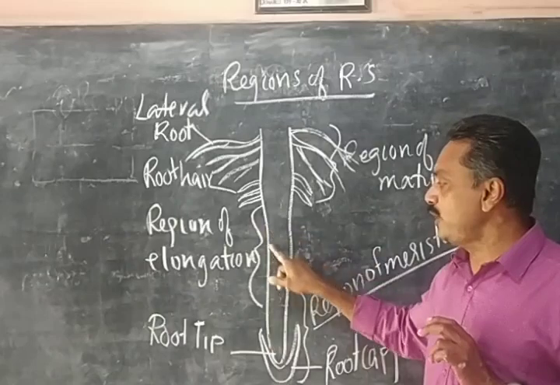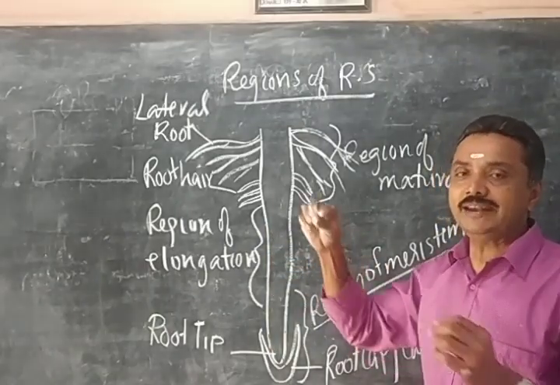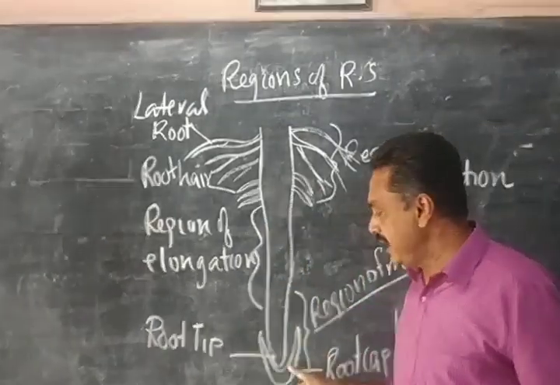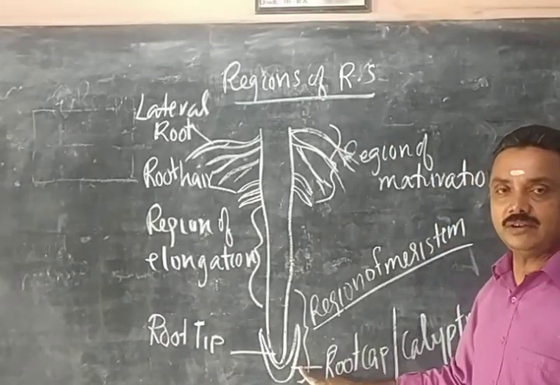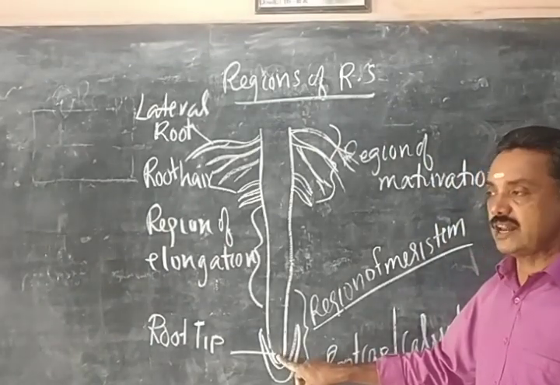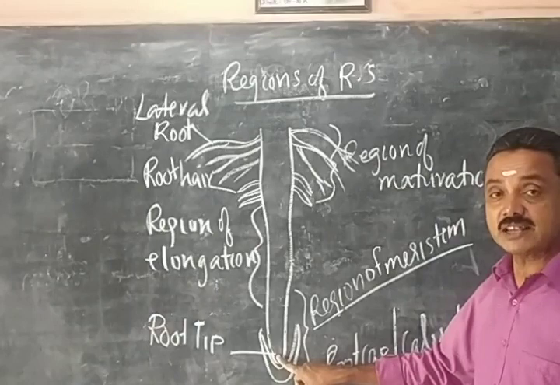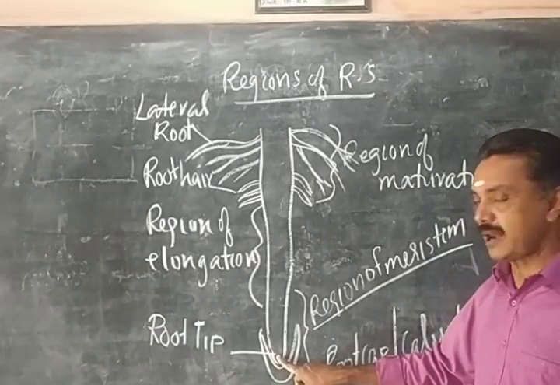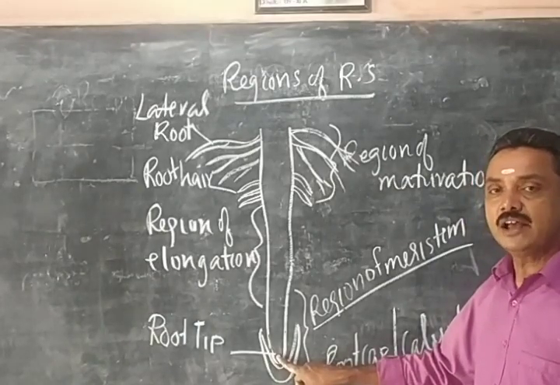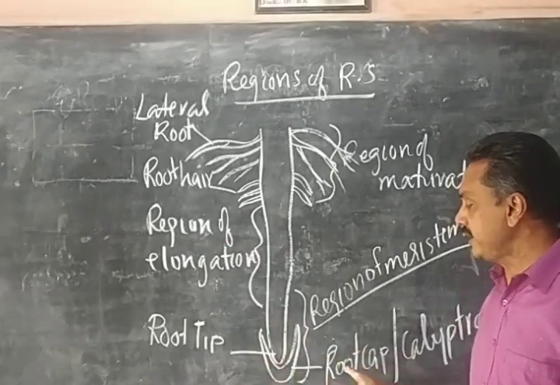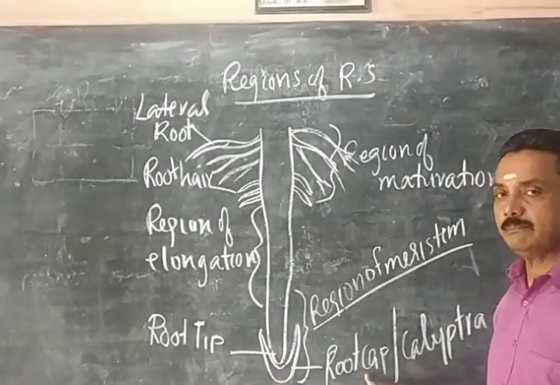The region of elongation is simply elongating cells. In the region of meristematic activity the dividing cells are protected by a cap-like covering called a root cap or calyptra.